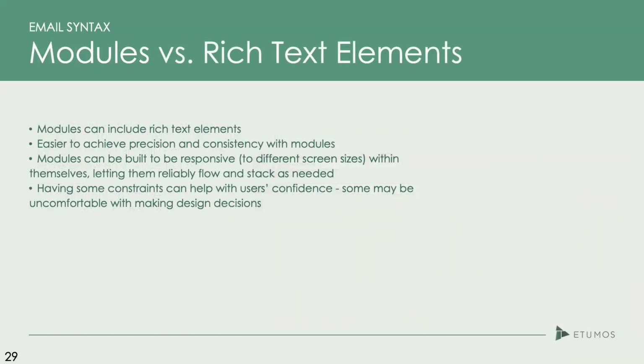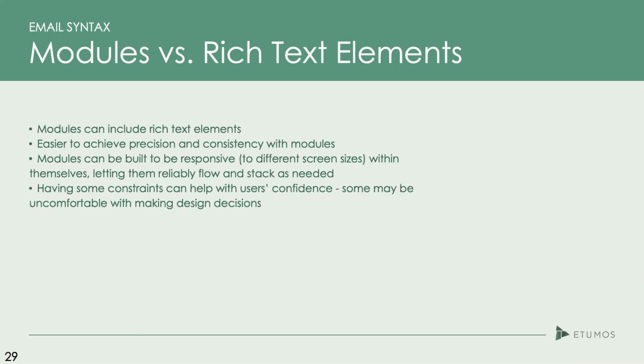Modules became part of Marketo Engage email syntax about 5 years ago. Before that, you could achieve layout variations using rich text elements. Now you can have rich text elements nestled inside modules. However, it's easier to achieve precision and consistency with modules rather than with rich text elements alone.